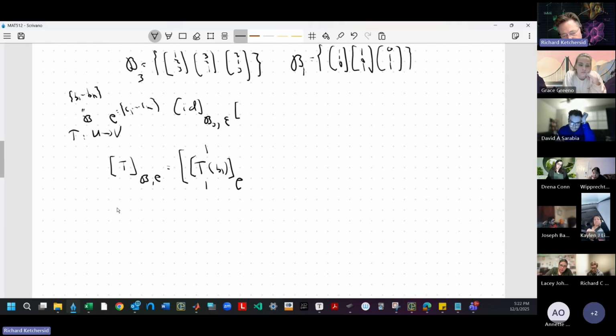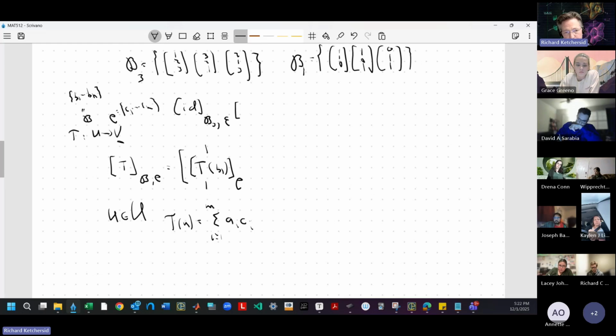I'm taking an element u of U and computing T of u. T of u lives over here in V, so it is uniquely written as the summation i equals 1 to m of a_i c_i, in terms of the C basis, because everything in V is writable like that.